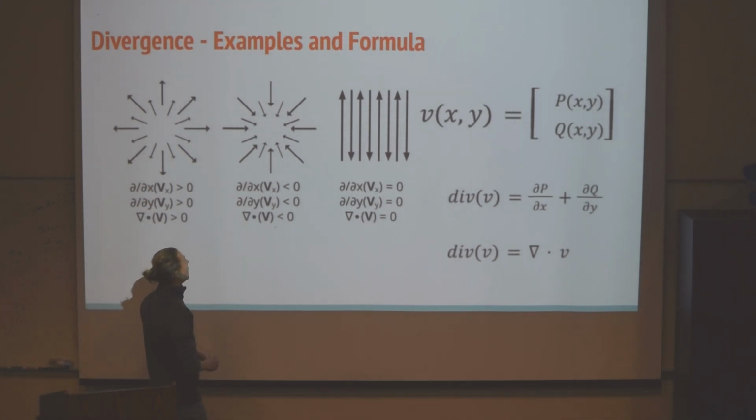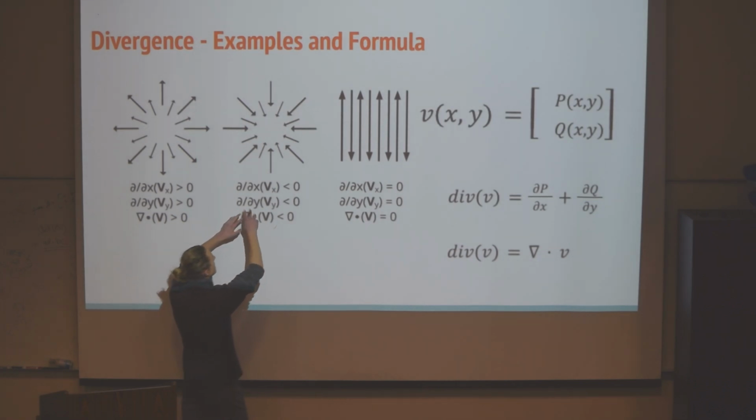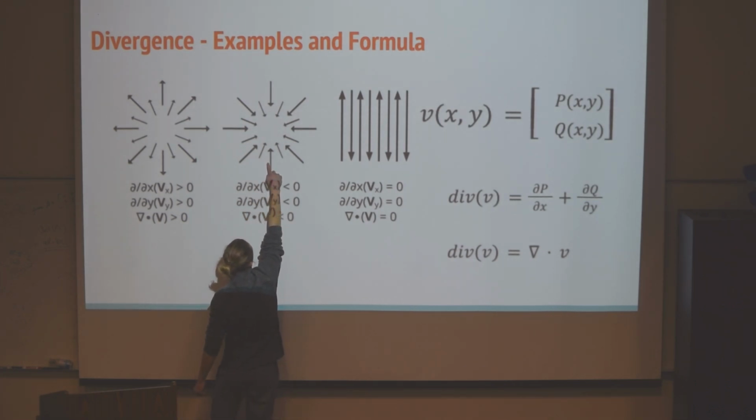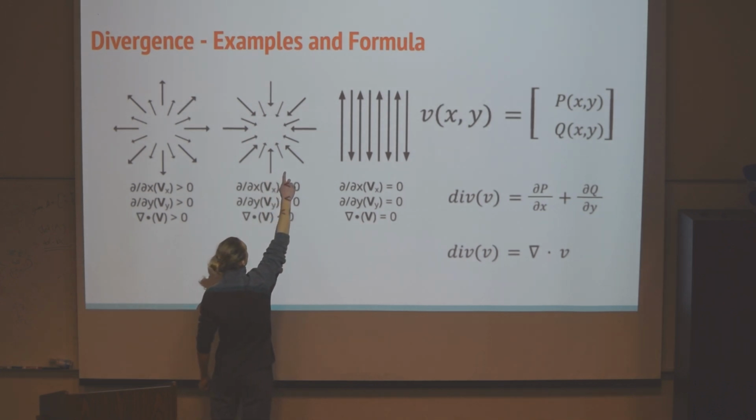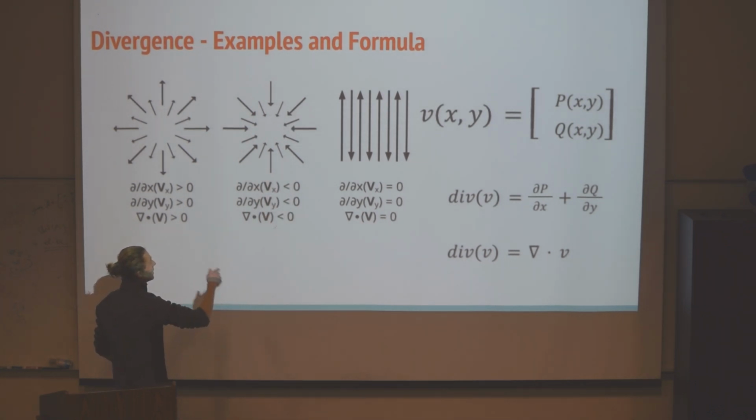And with negative divergence, notice how the magnitudes of the vectors are decreasing. If I move in my x direction, to the right from the center of what I'm looking at, notice what happens to my x components. They get smaller and smaller.